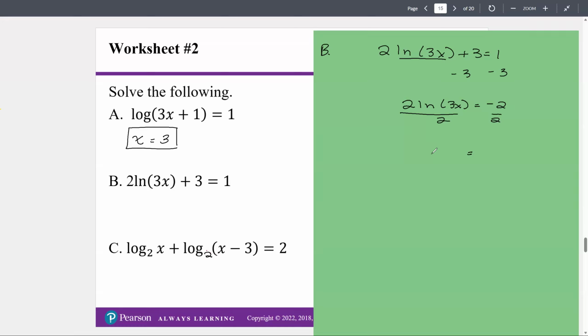And we're going to get natural log of 3x equals negative 1. So e to the negative 1 should equal 3x. So that means 3x equals e to the negative 1. x is equal to e to the negative 1 divided by 3.